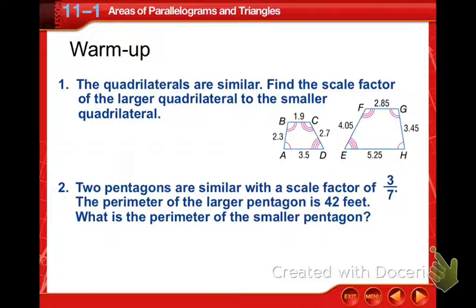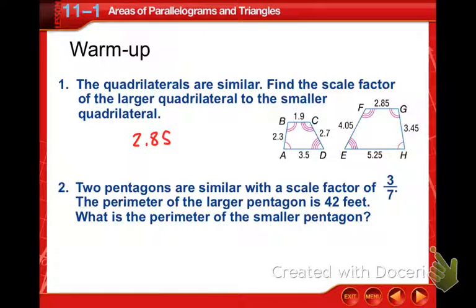Okay? So for the warm-up, number one goes off of what we did yesterday. So we know that they are similar. It tells us that all we have to do is find our scale factor of the larger quadrilateral to the smaller quadrilateral. So that means it shrunk, right? So all we have to do is do the larger number, 2.85.